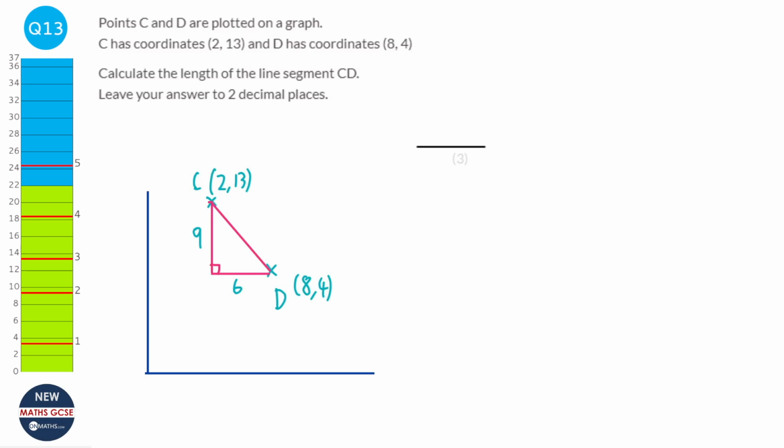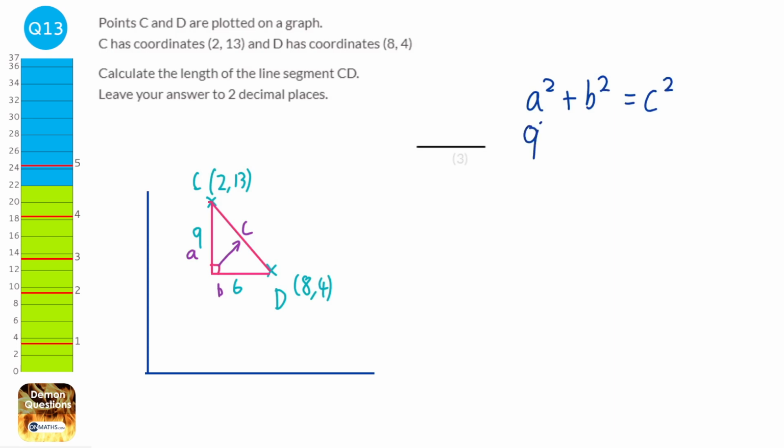So with Pythagoras, we are going to label the sides, and so we've got A here, we've got B here, and then C has to be the one opposite the right angle. And we're just going to write out the formula, which is a squared plus b squared equals c squared. And A we've said is 9, and B we've said is 6.